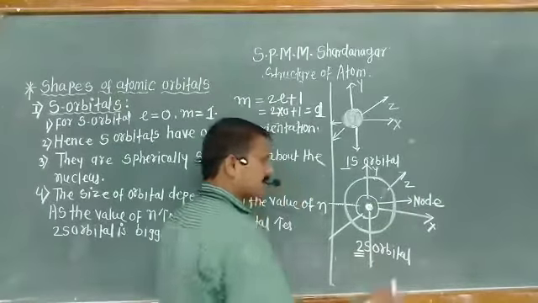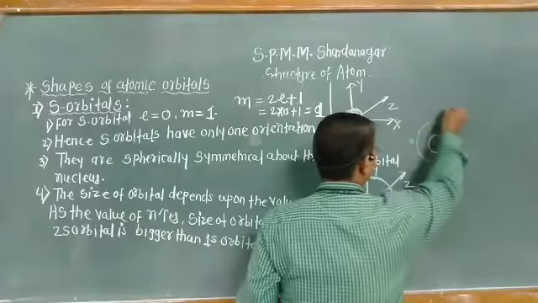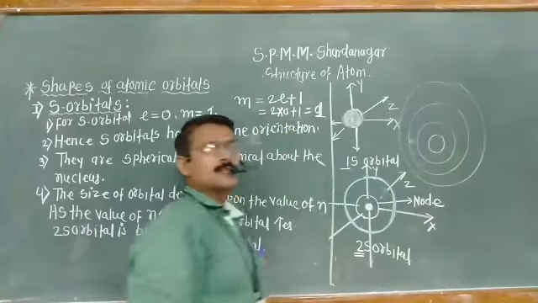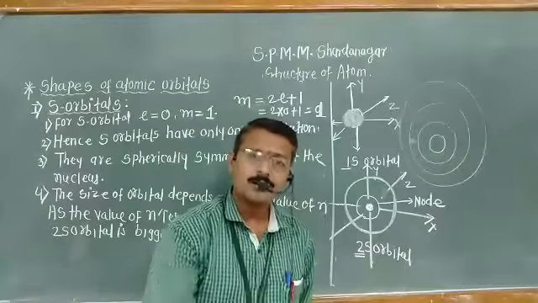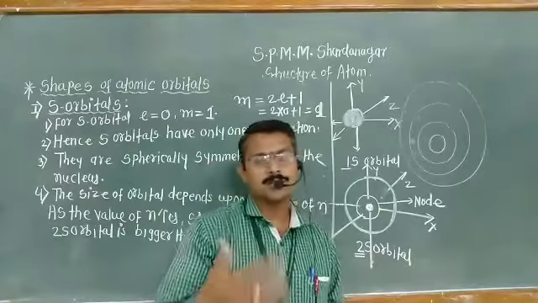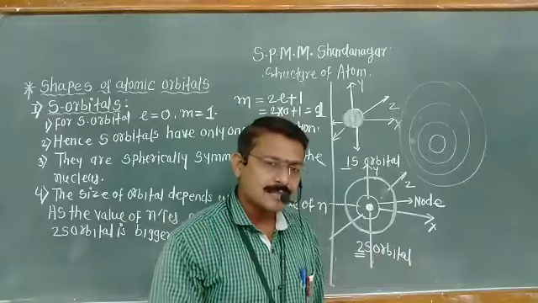Similarly, suppose this is the 1s orbital, this is the 2s, this is the 3s, and this is the 4s orbital. As the principal quantum number increases, that is 1, 2, 3 and 4, the size of the orbital increases.